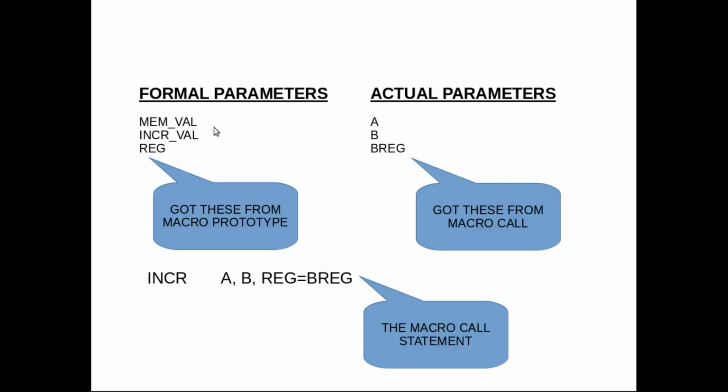So the first two parameters will take the value based on position. So memory value will take the value A, increment value will take the value B, and of course we have only one more actual parameter left, so register will take that value B register. As you can see, also in the macro call we say that register should take the value B register. So the mapping is done.